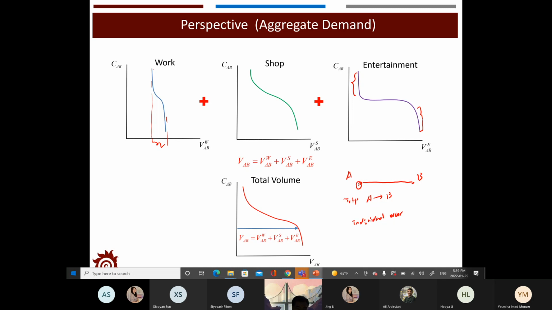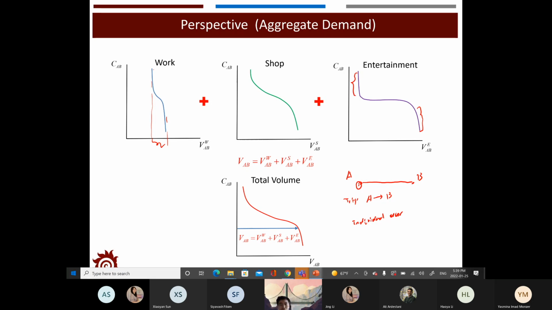But for this 1,000 population, maybe one person has one trip every day. Another person has two trips every day, and the third one maybe has four trips.